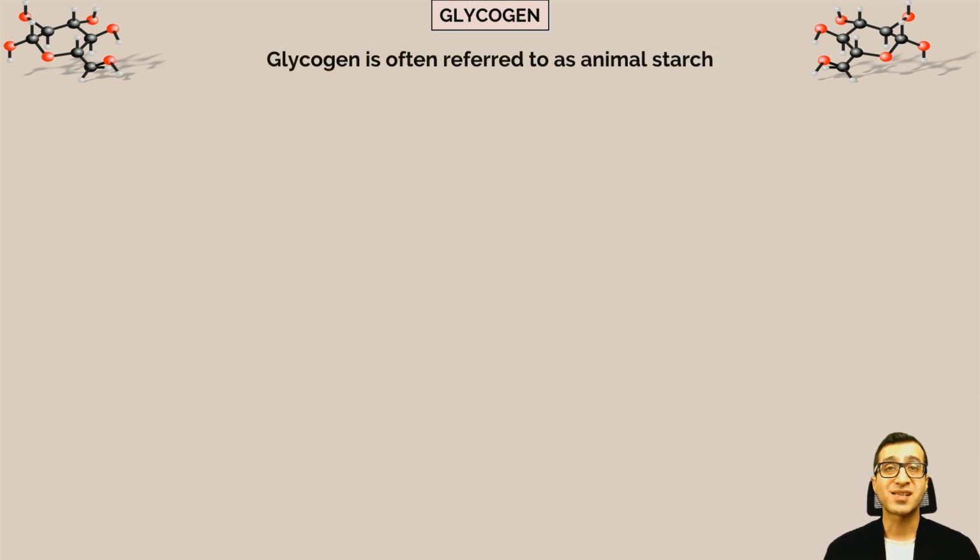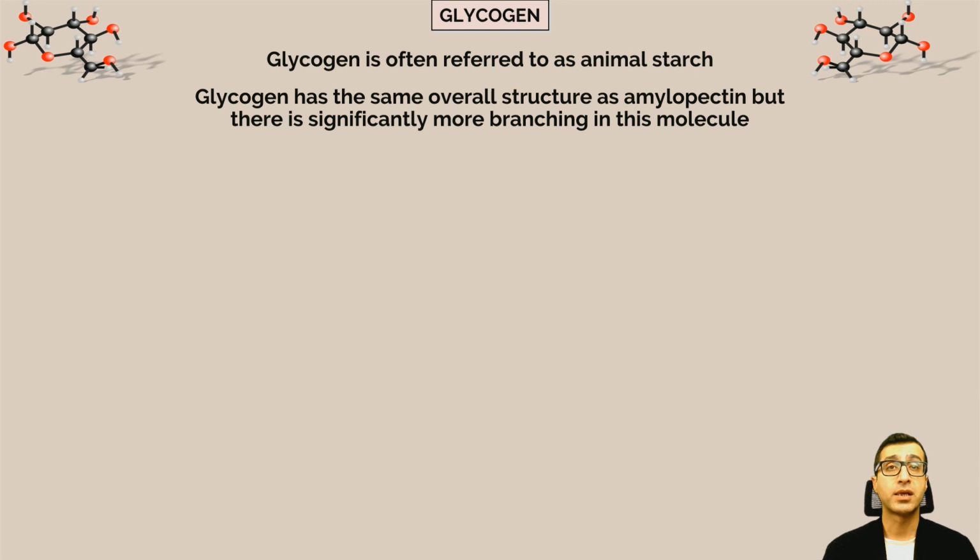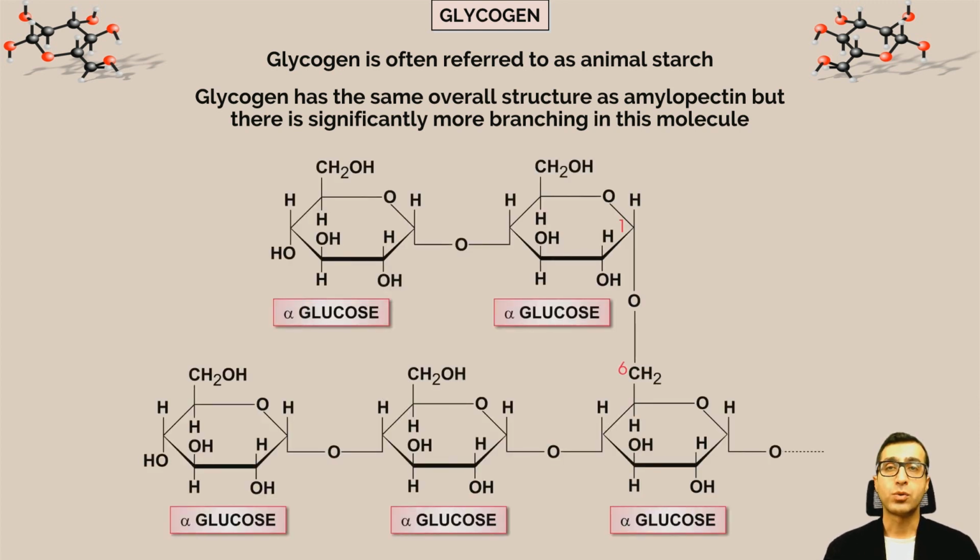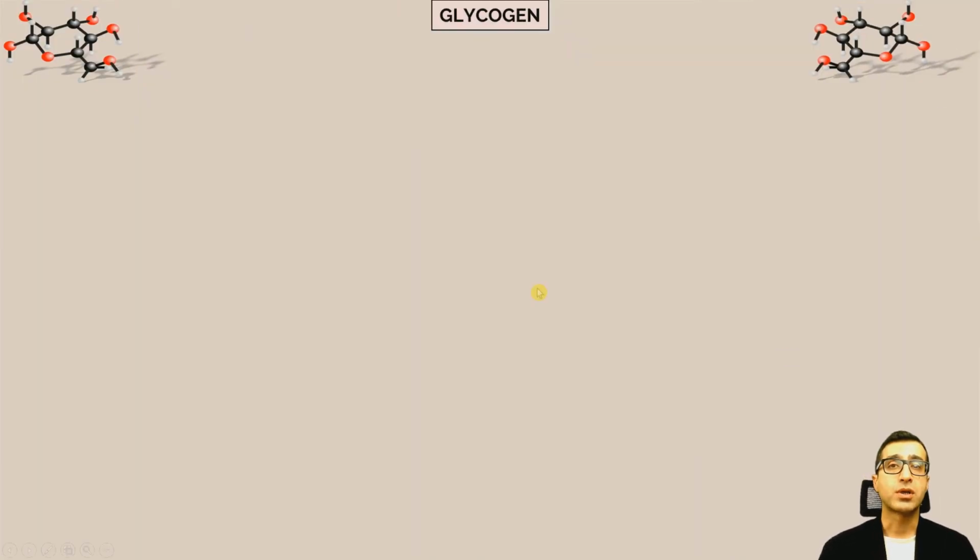So glycogen has the same overall structure as amylopectin, but there's significantly more branching in glycogen than you find even in amylopectin. And so you get more of these 1,6 alpha glycosidic bonds which form the branch points. Glucose tends to be stored for long-term storage in animals either in liver tissue or in skeletal muscle.